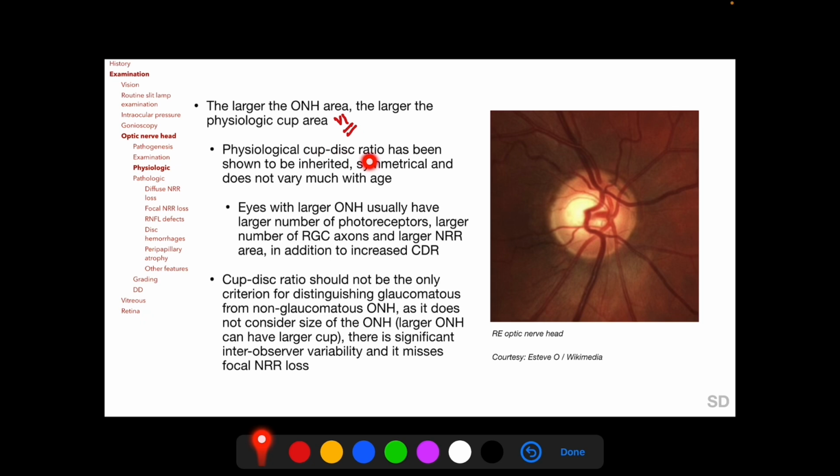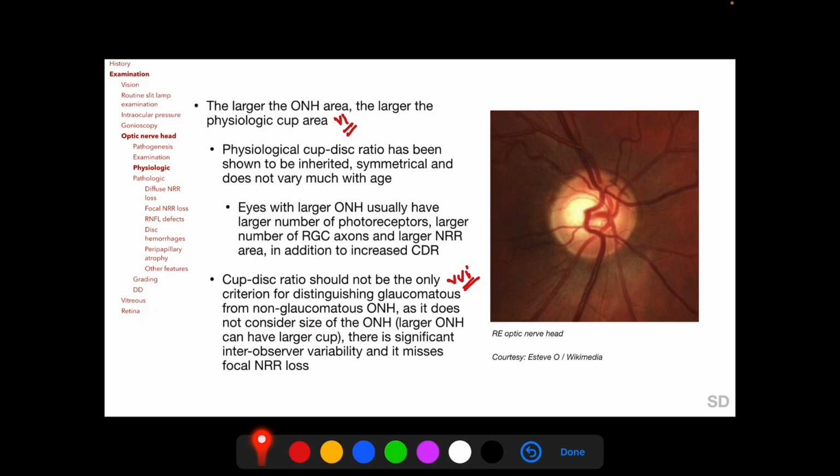Cup disc ratio in normal individuals has been shown to be inherited, symmetrical in either eye, and does not vary much with age. Cup disc ratio should not be the only criterion to distinguish glaucomatous and non-glaucomatous optic nerve heads, and this is very important to remember, because by doing so we are not considering the size of the optic nerve head.